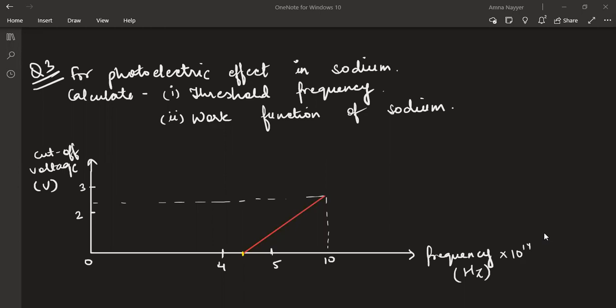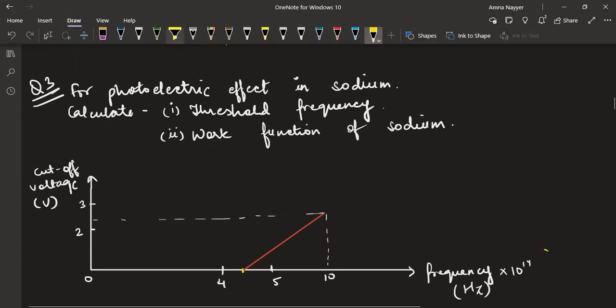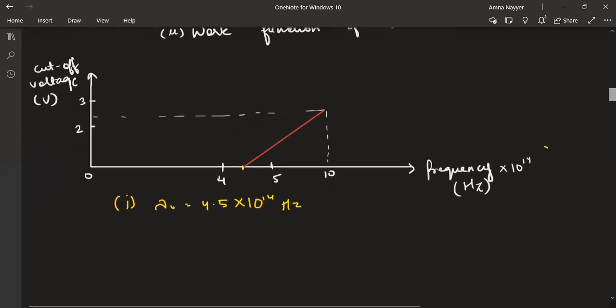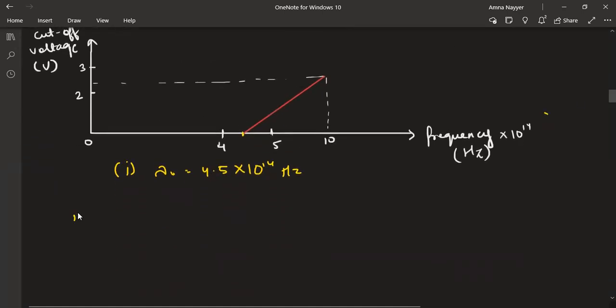You don't have to calculate in the first part. This will be simply 4.5 into 10 to the power 14 hertz. Now, once the threshold frequency is there, calculation of the work function is not a difficult task. Work function is h nu naught, Planck's constant times the threshold frequency.